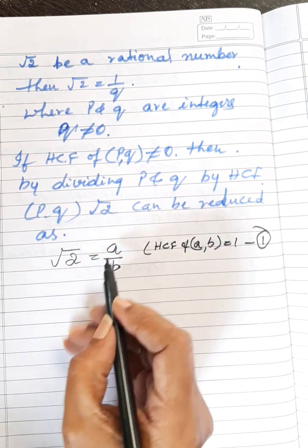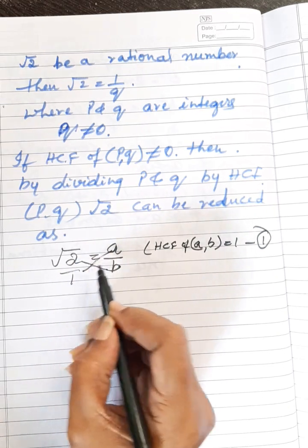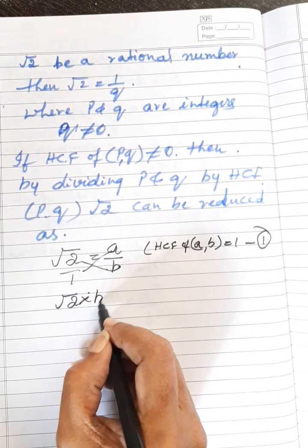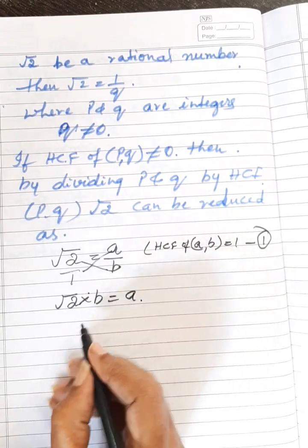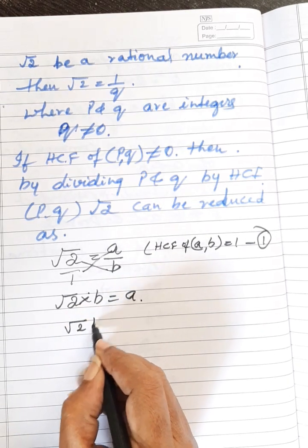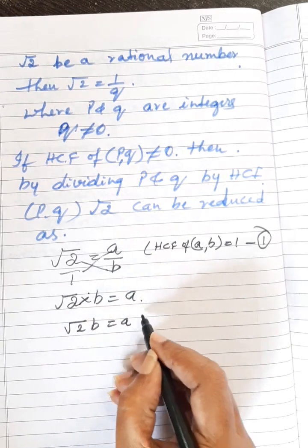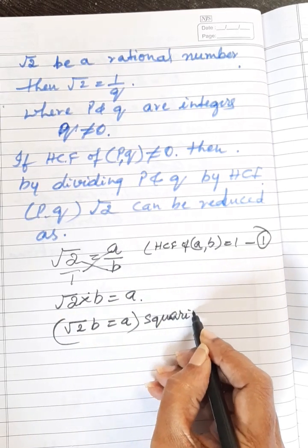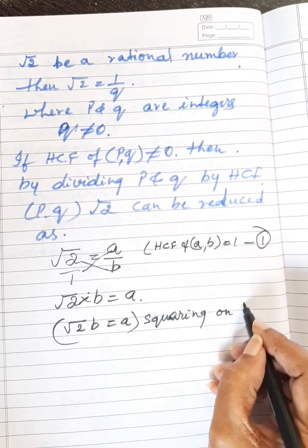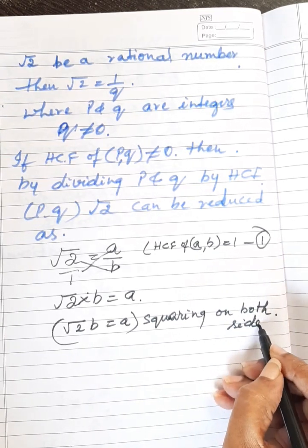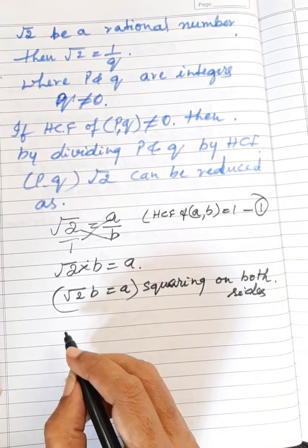Now do cross multiplication. What you will get? Root 2 B is equal to A. Correct? Now squaring on both sides. What you will get?